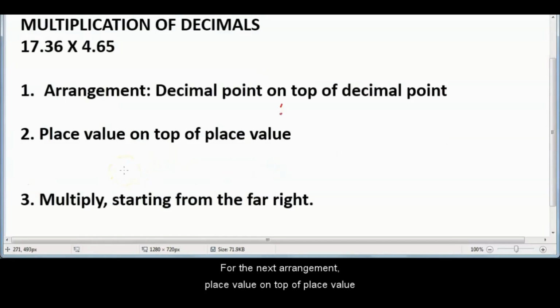For the next arrangement, place value on top of place value.